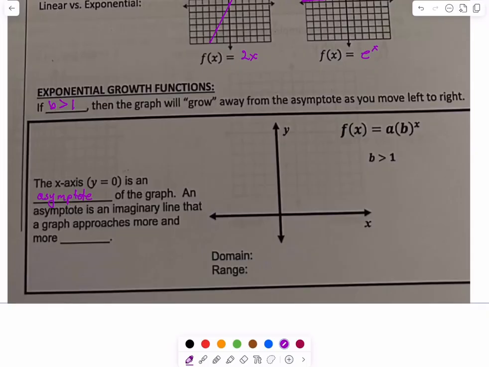In this case, honestly, this is x approaches negative infinity in this instance.